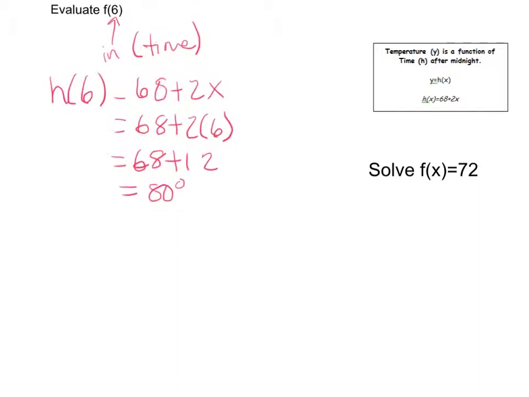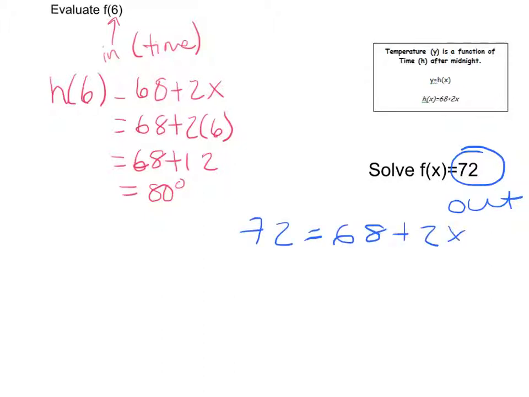Similar situation with solving, only we're going to interpret this 72 as an output value. So we're not going to plug in 72 because that would mean 72 hours from whenever we started. And so the 72 we know is an output. We know that that's degrees. So we're going to write an equation. We're going to say 72 equals 68 plus 2x. We're going to solve, and we're going to say, okay, well, we've got on this side we're left with 2x after I take away 68.